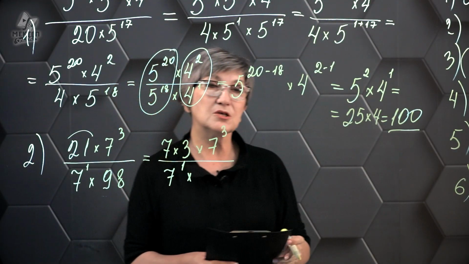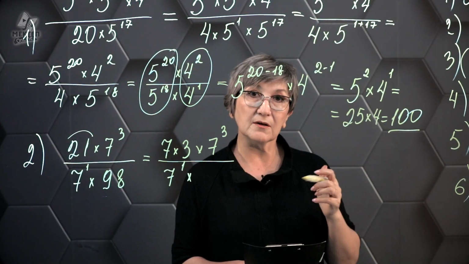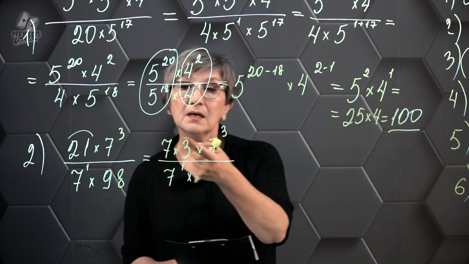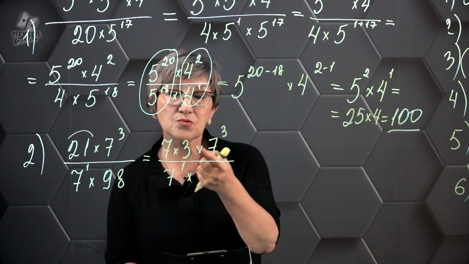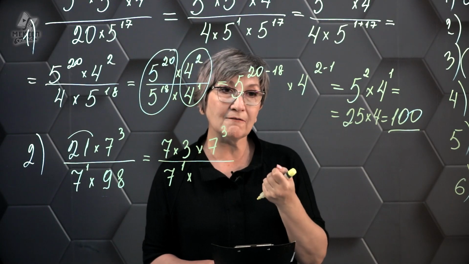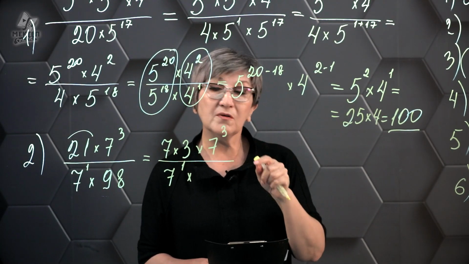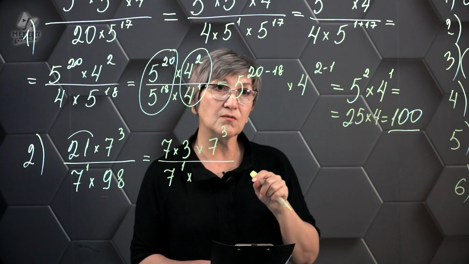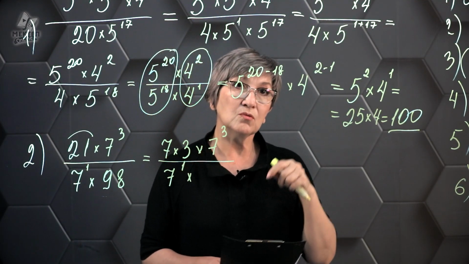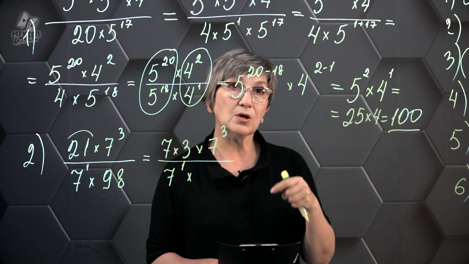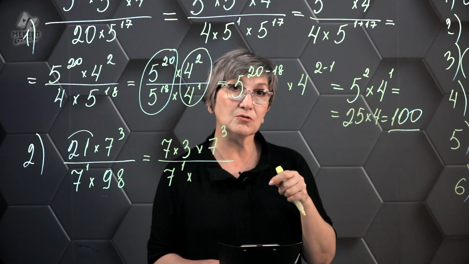So how do we write 98? Well, the thing is, there are clues in our example. If we have numbers with bases equal to 7, then what we need to do is try to write 98 as 7 times some number, a number that results in 7 to some degree.